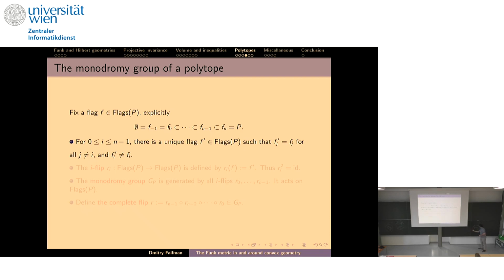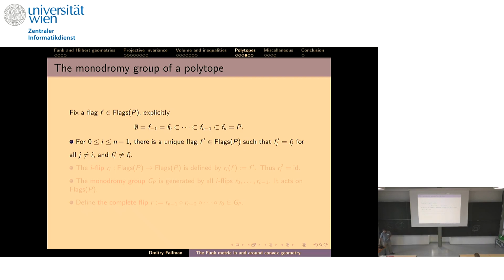So if you fix this flag, this point, this line, and this face, then for instance, for this face, there is exactly one other flag which shares this vertex and this face, if you fix this i equals 1, so the one-dimensional edge. It would be the same flag with this edge instead.